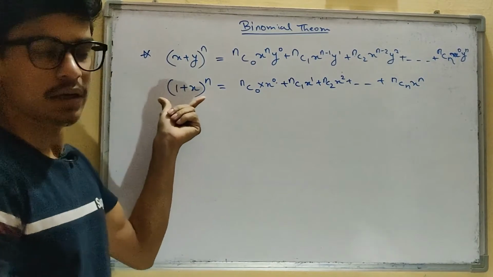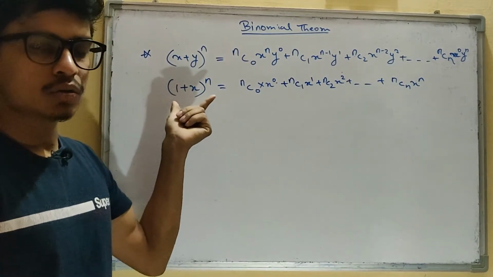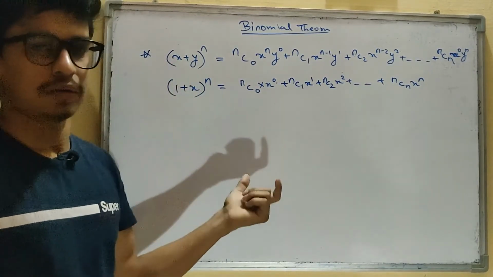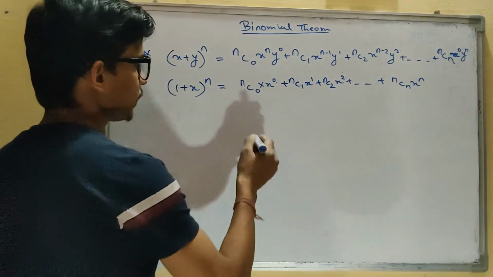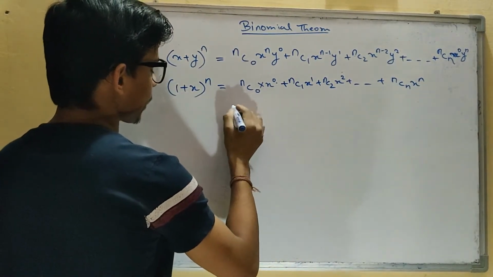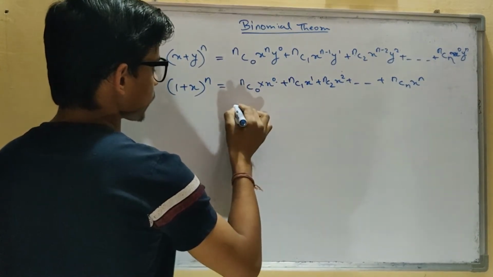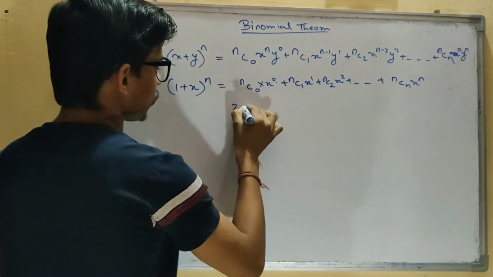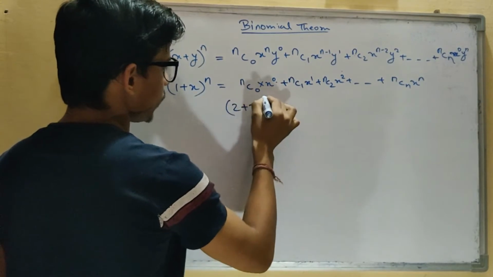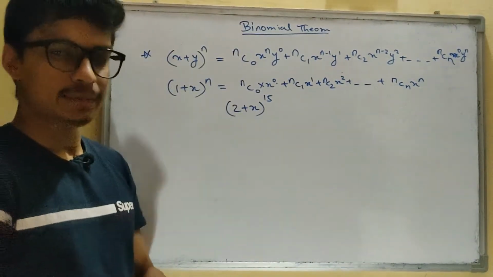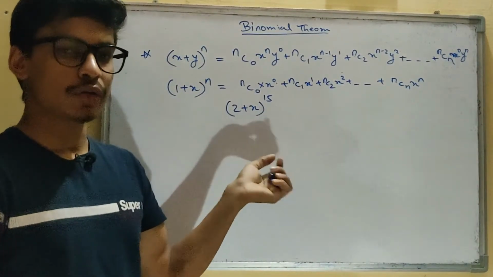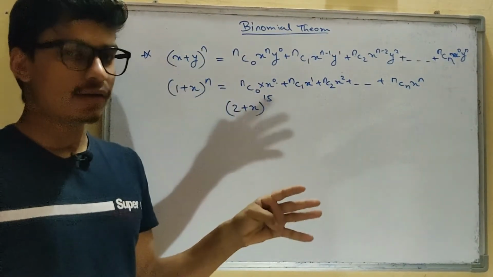They will give you something like this, and they will ask you to find the sum of all the coefficients. Okay, so what I mean is, let's say (2 plus x) to the whole power, let's say 15. They will ask you to expand it, and whatever the coefficients of x you get, add them.